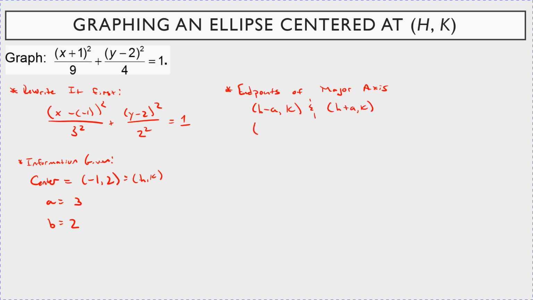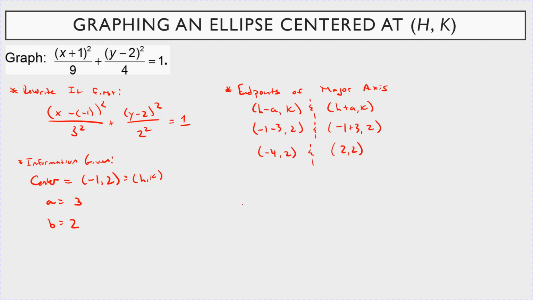So this is -1 minus 3 comma 2, and this is -1 plus 3 comma 2. So what is this point here? -1 minus 3 gets me -4 comma 2, and then -1 plus 3 gets me 2 comma 2. So look, I found the endpoints of the major axis.